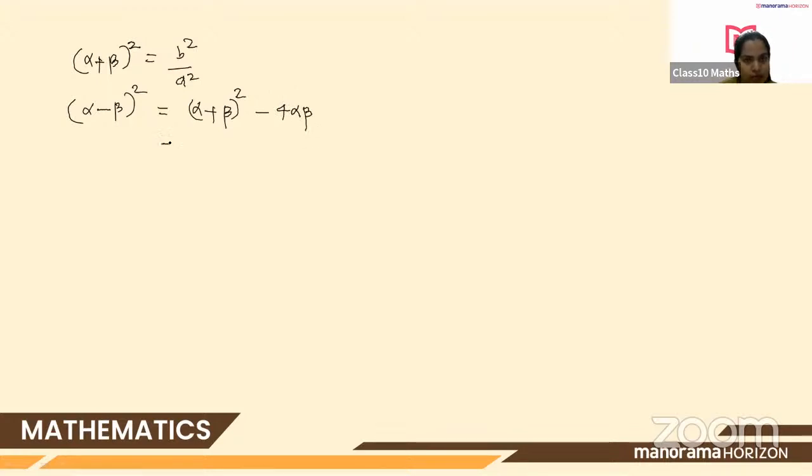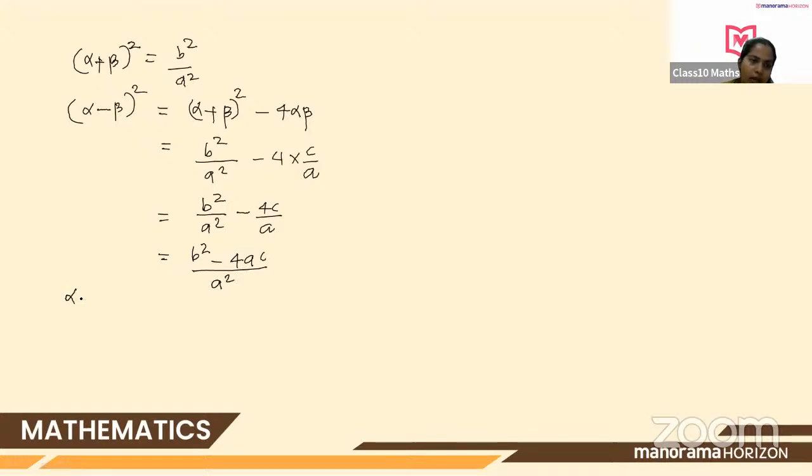So this is b square by a square minus 4c by a, and we can write it as b square minus 4ac by a square.